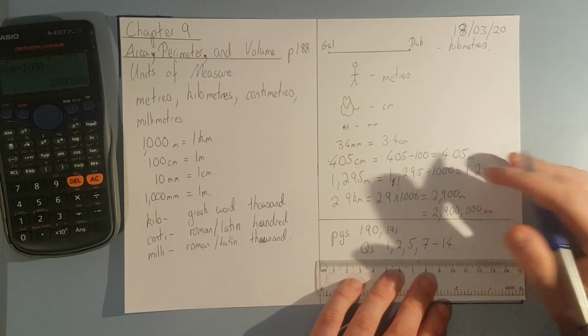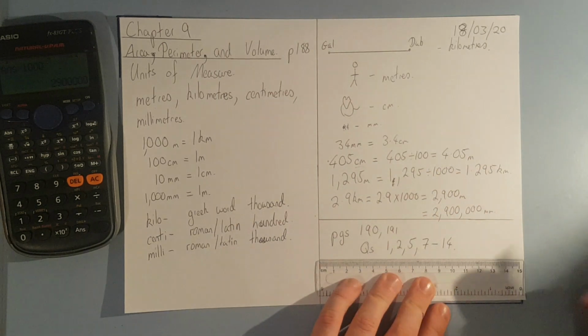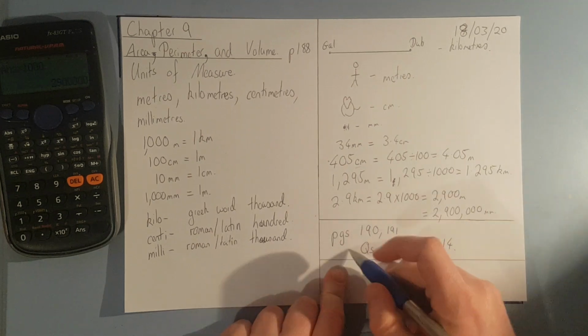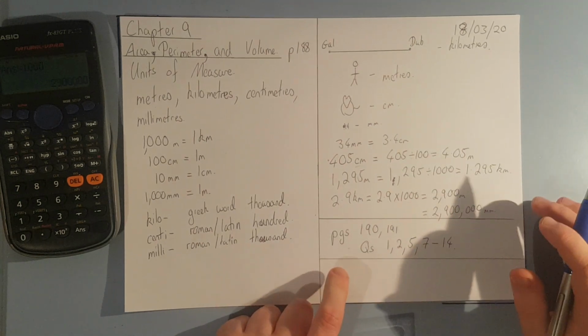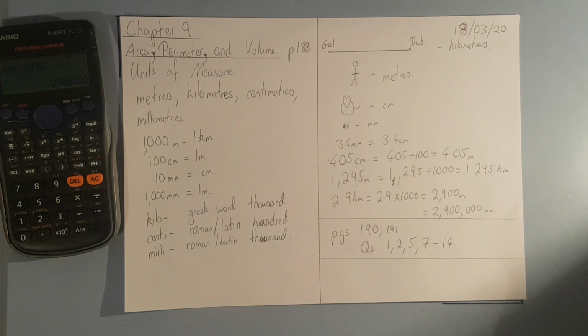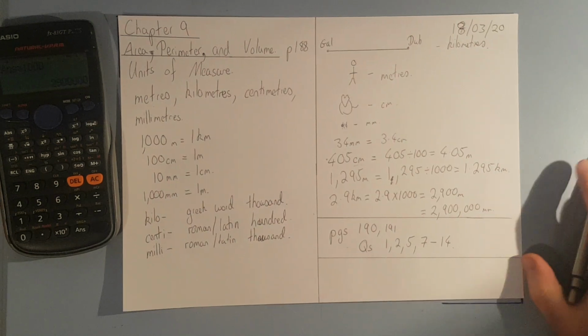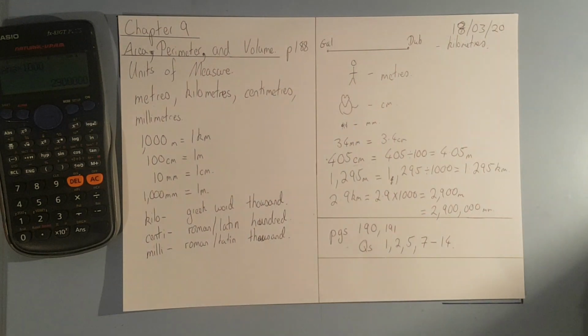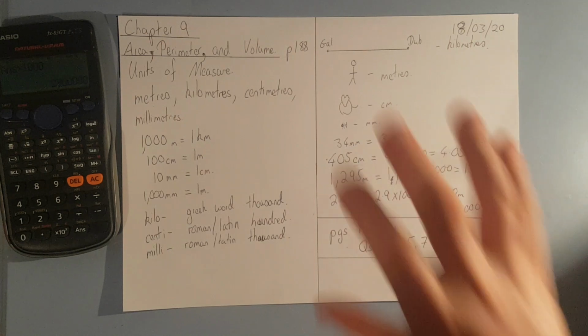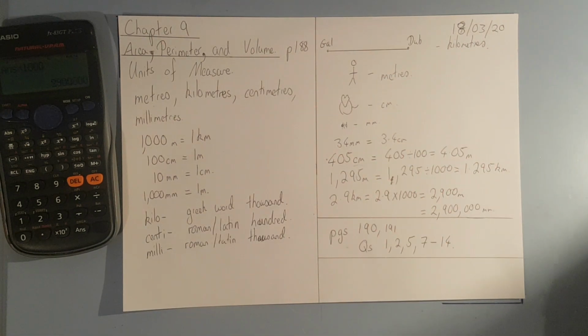Now, what I want you doing with this is I want you to do this work in your copybooks. And then I want you to just take your phone, take a photo of it, and make sure it's a clear photo. So make sure you've got plenty of lighting, like I'm doing here. I'm not going to be doing these videos in the dark.